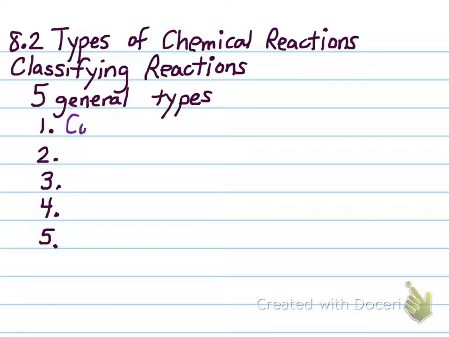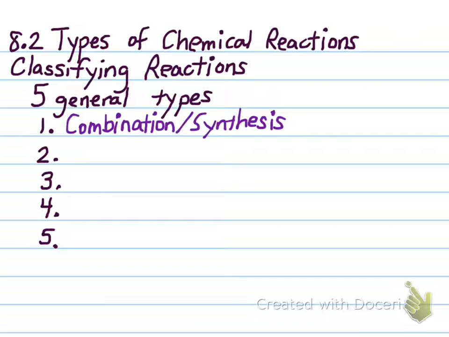One of the types is a combination or synthesis reaction. The ChemQuest we did called it a synthesis reaction. Your textbook calls it a combination reaction. The second type we're going to talk about is a decomposition reaction.